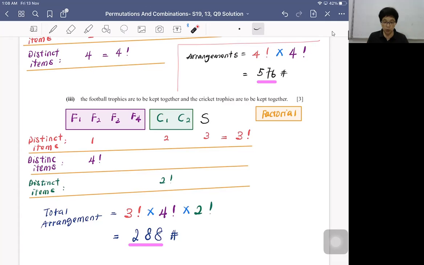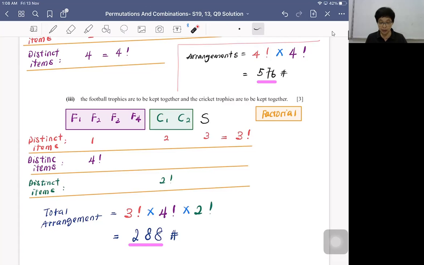Now, we just put all these 3 analyses together. The total arrangement for Jack to have all his football trophies kept together and all cricket trophies kept together, you will work it out: 3 factorial from the 3 distinct items, and then 4 factorial from the 4 distinct football trophies, and 2 factorial from the cricket trophies.